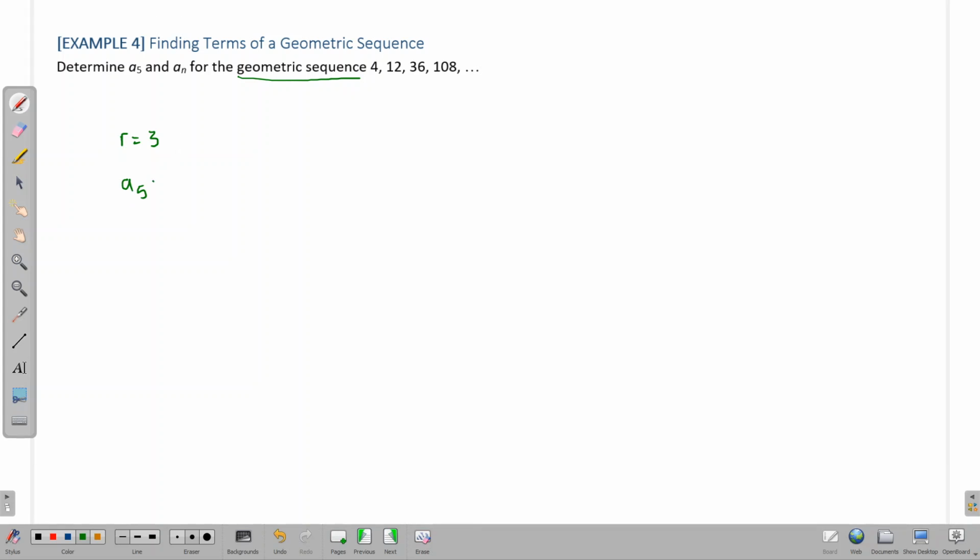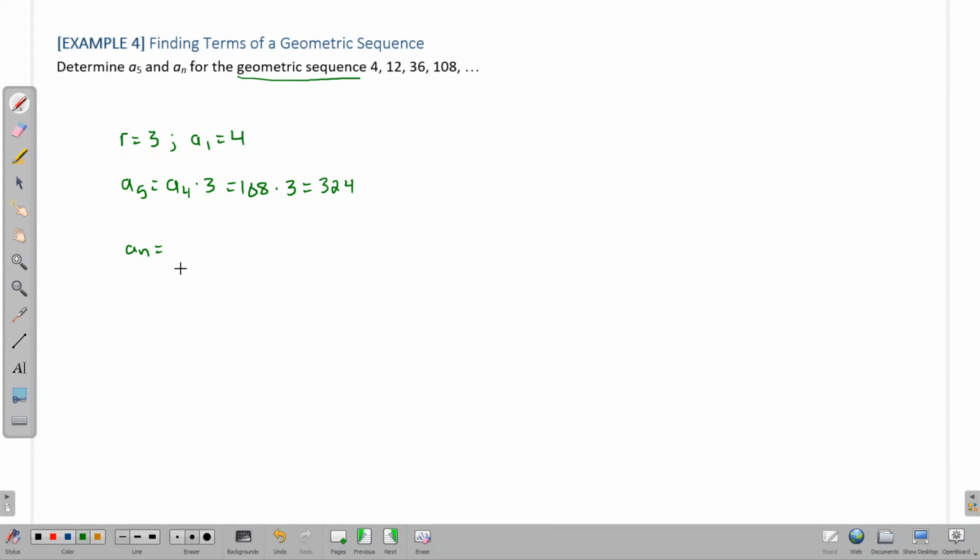So the fifth term is simply going to be the fourth term multiplied by 3, which in this case is 108 times 3. All right, so that gives you a value of 324. And now we can also build the formula because we know obviously a1 is 4.